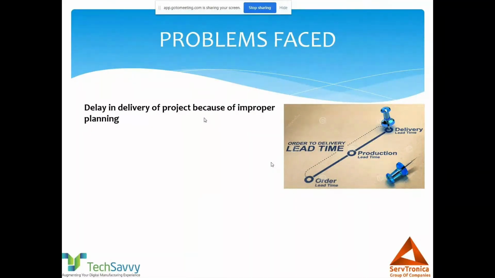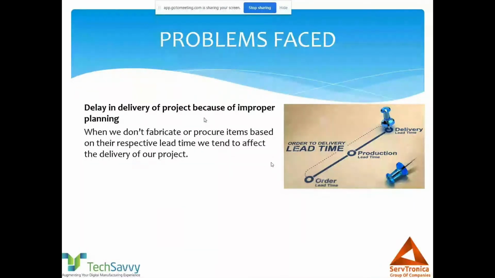So I need to plan my engineering, my manufacturing, my purchase, and the transportation, everything within this span. Sometimes we miss that track because we do not manufacture or buy based on the lead time of the component, which eventually gets our project delayed.